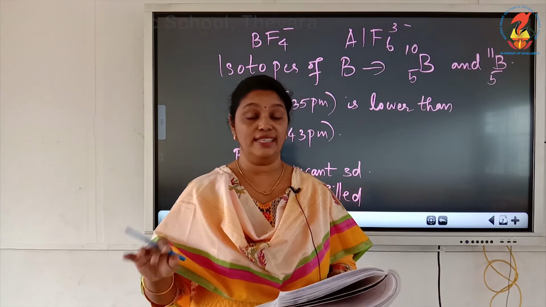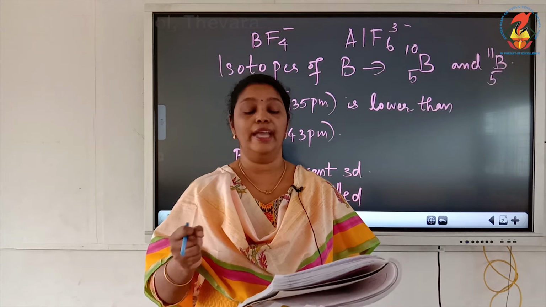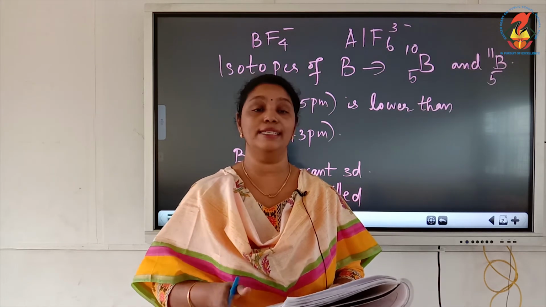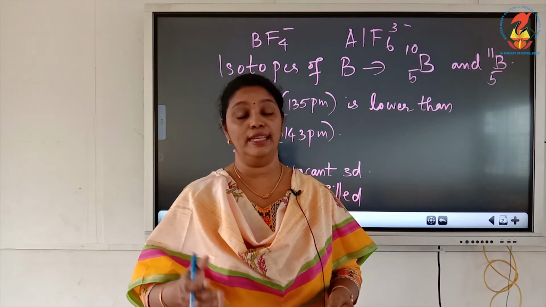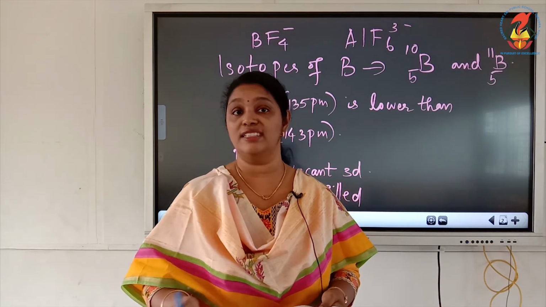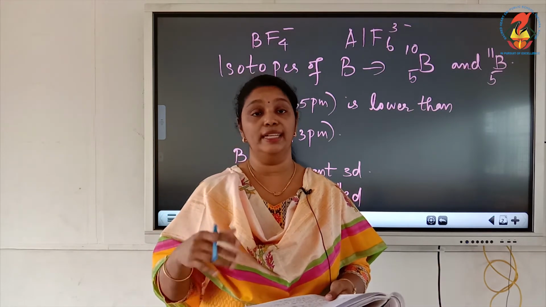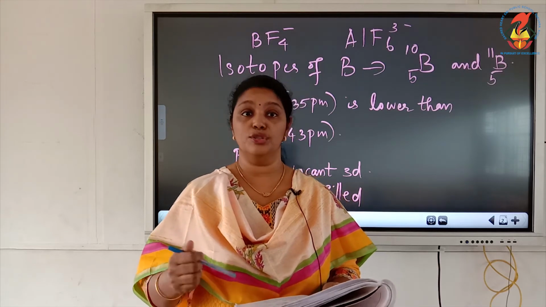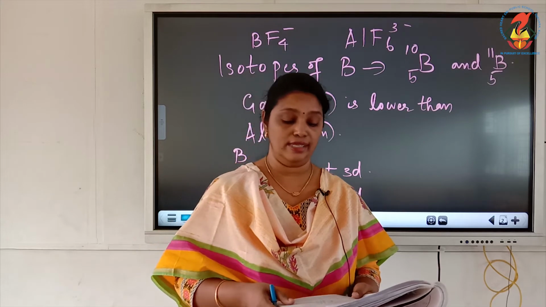So we know that as Z effective increases, the atomic radius decreases. Therefore atomic radius of gallium is less than aluminium. So in gallium there is a screening effect. As a result of screening effect by d electrons, the Z effective is more, and so atomic radius decreases for gallium.